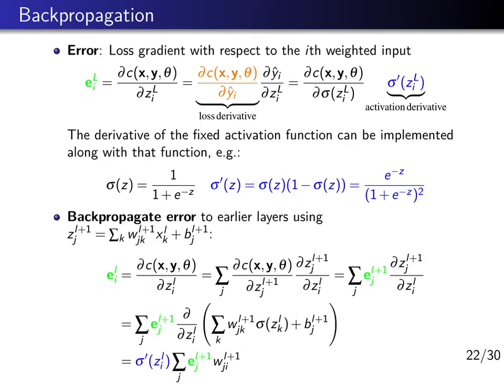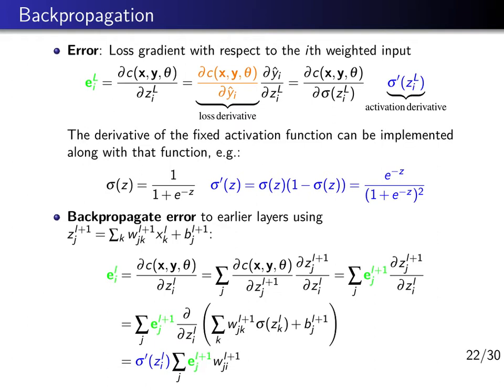So now the key step of backpropagation is how to backpropagate these errors. So we now are searching for an expression of the error at layer L, little l, for any arbitrary l. And that is again defined as the derivative of the loss function with respect to the internal activations of the neurons in that layer.